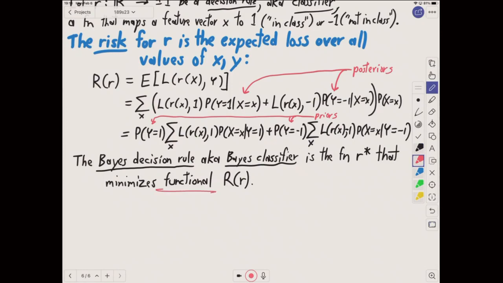By the way, maybe you haven't all seen the word functional before. A functional is a function that takes a function as its input. You might notice that maybe it's new to you, the idea that a function can itself be a parameter to another function. R is a function, of course. It's the decision rule.